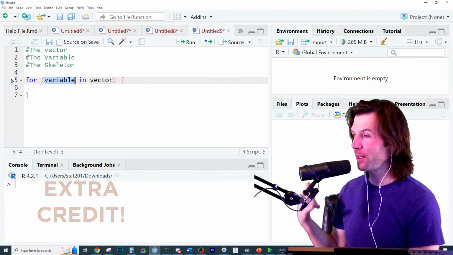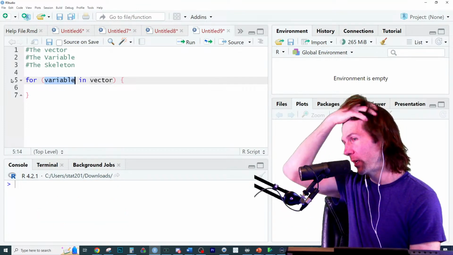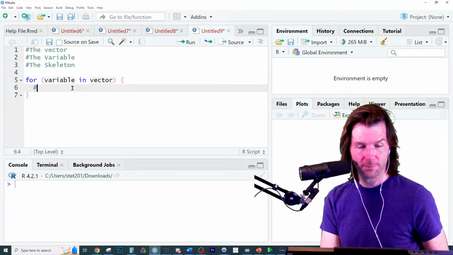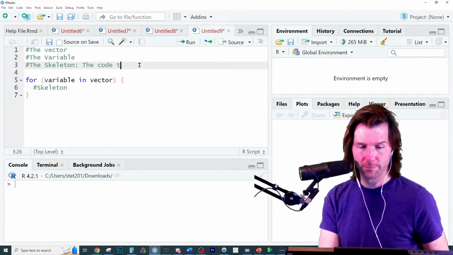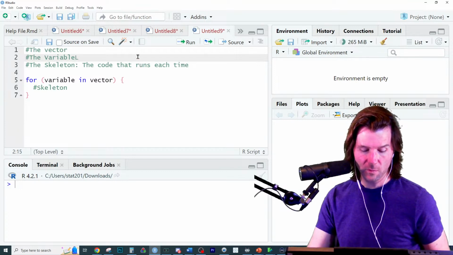So we need to know what each one of these things are. First off, the skeleton is inside. This is the skeleton, the code that runs. The variable, put that first.